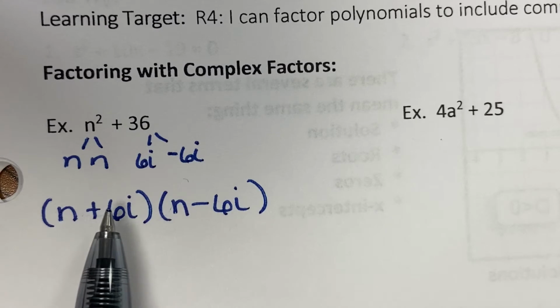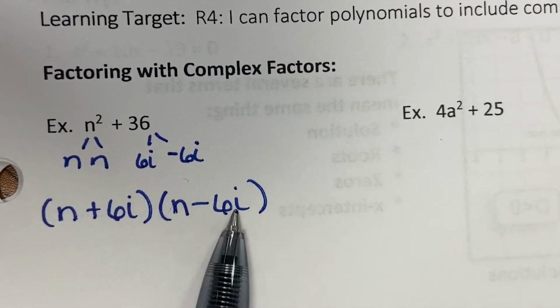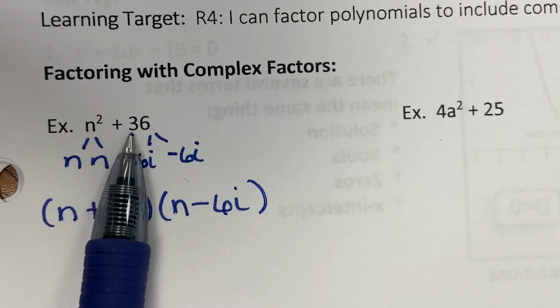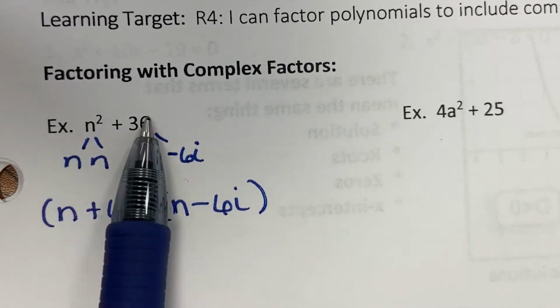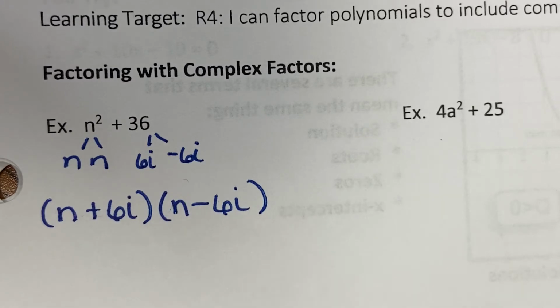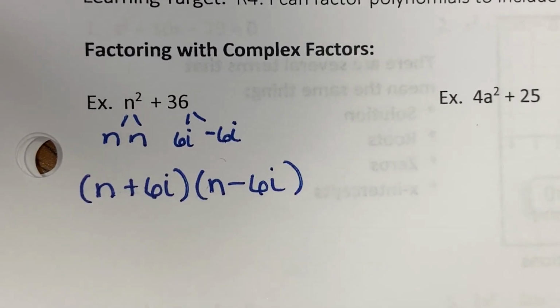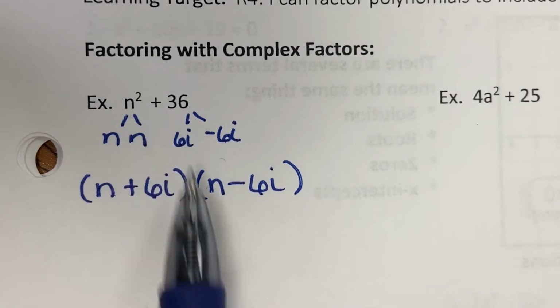And then the positive times the negative here gives me the negative 36i squared, which ultimately is the positive 36. So anytime that you have something that looks like difference of squares, like it would qualify other than the fact that it's a positive instead of a negative, then you can use complex factors instead of your real number factors. All right, so we can break that down like that.